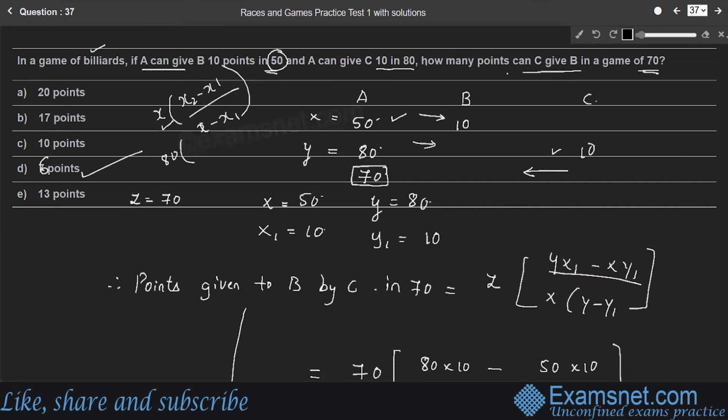As we had discussed in the previous question, question number 36, how to find x1 and x2, I had explained there. Using that method, you can find x1 and x2 and substitute that value, you will get the same answer, 6 points. Therefore, the number of points given to B by C in a game of 70 is 6 points. Option D is the right answer.